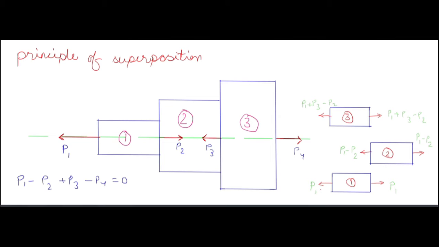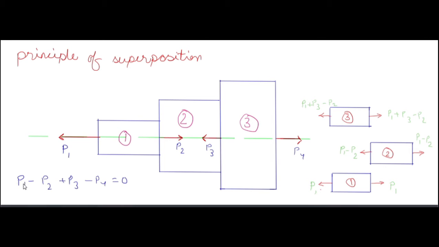First of all, P1 minus P2 plus P3 minus P4 is equal to 0, which means the summation of all the forces is 0. P2 is in the opposite direction to P1, so we take one direction as positive and the opposite direction as negative. P1 is in the positive direction, so we have positive P1.